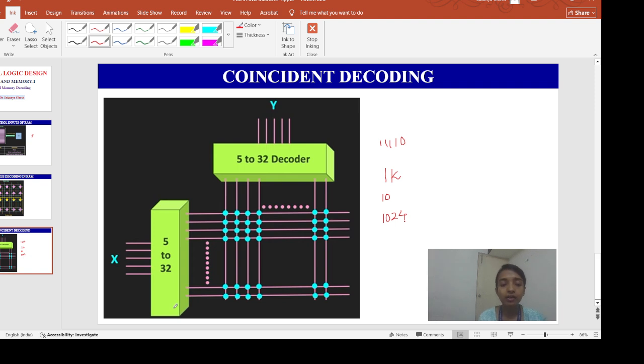Whereas here we have only two 5 input decoders. Each decoder will have a total of 2 to the power 5, that means 32 AND gates, and a total of 32 plus 32, 64 AND gates are required.